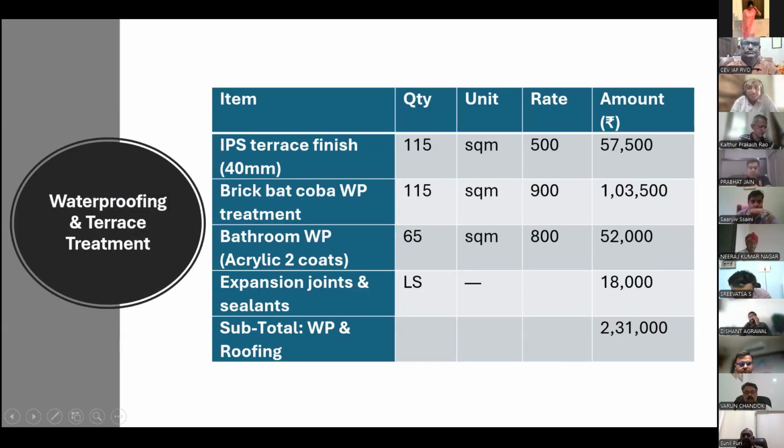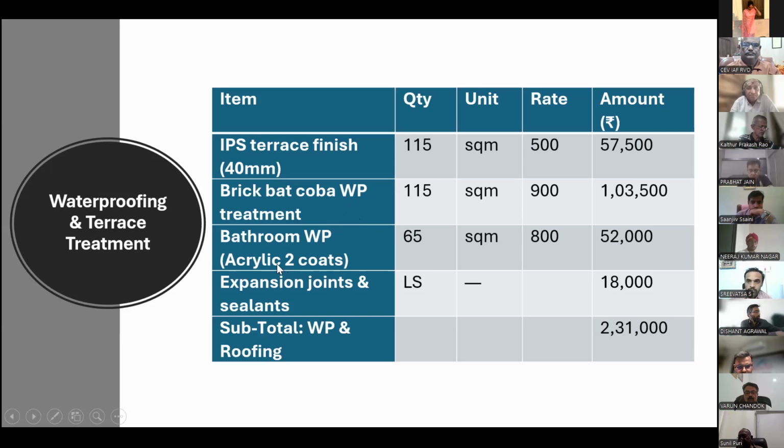Then waterproofing and terrace treatment. Terrace finish, tile terracing, quantity 115 square meter, rate is 500. Brick bat over it, 115 square meter, rate is 900 per square meter.